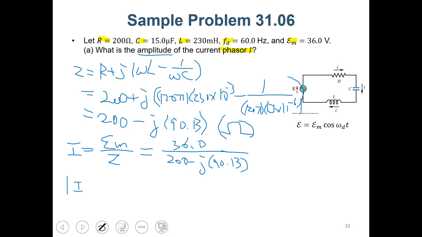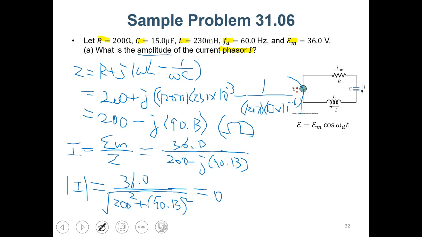So we take the absolute value of I, and then it will be 36.0 over the square root of 200 squared plus 90.13 squared. It will become 0.164 ampere. So this is the amplitude of the phasor.